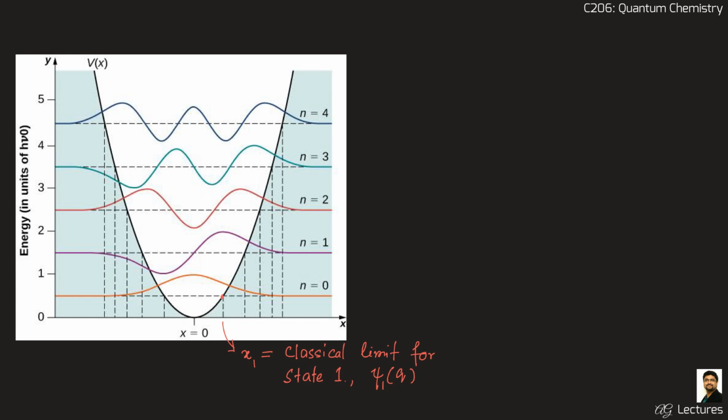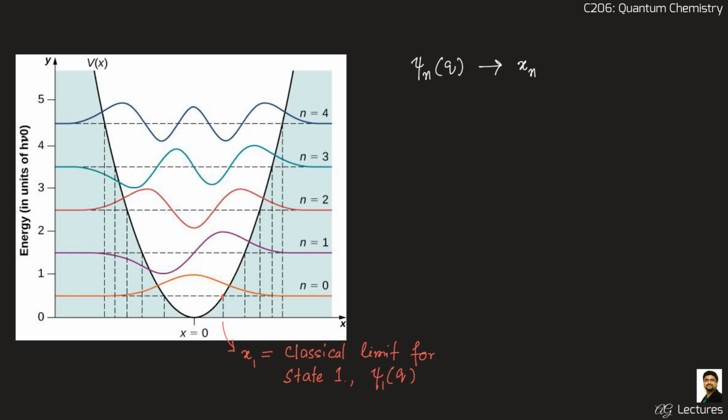Then in general, for psi n of q, I have a classical limit called xn. So this particular limit is x2, and x3, and x4, and x5, and so on.